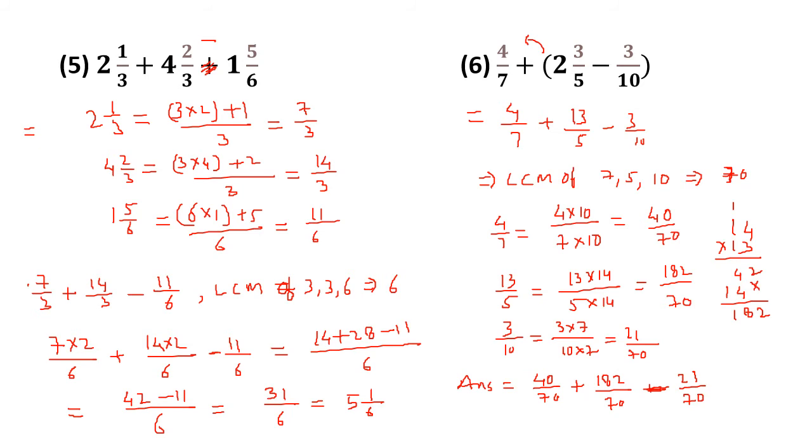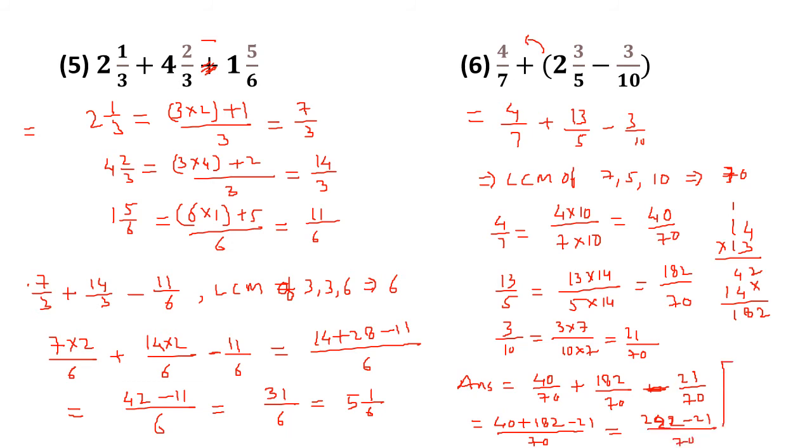And this becomes 40 plus 182 minus 21 whole over 70. And if you add 40 and 182, this becomes 222. 222 minus 21 over 70.